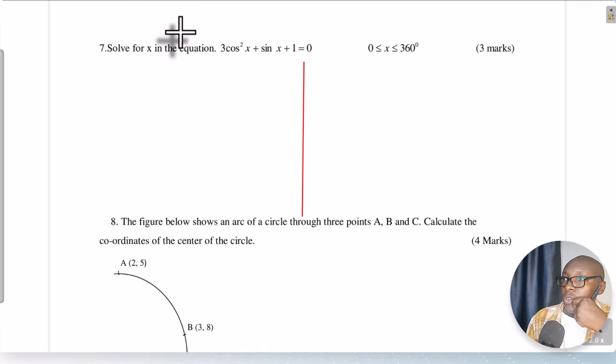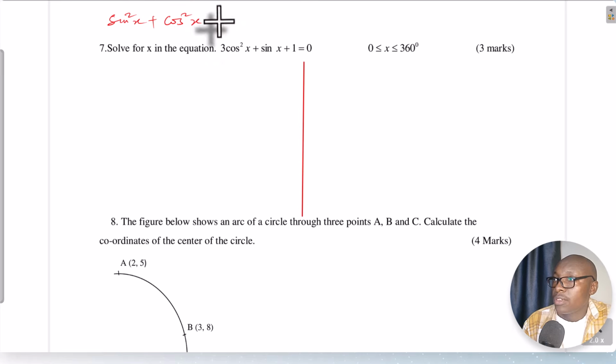To solve this, you need to first ensure that everything is uniform. You can see you have cosine and sine. So we can change cosine squared by using sine squared x plus cosine squared x, which is a trigonometric identity. It should give 1. So that means cos squared x is equal to 1 minus sine squared x.